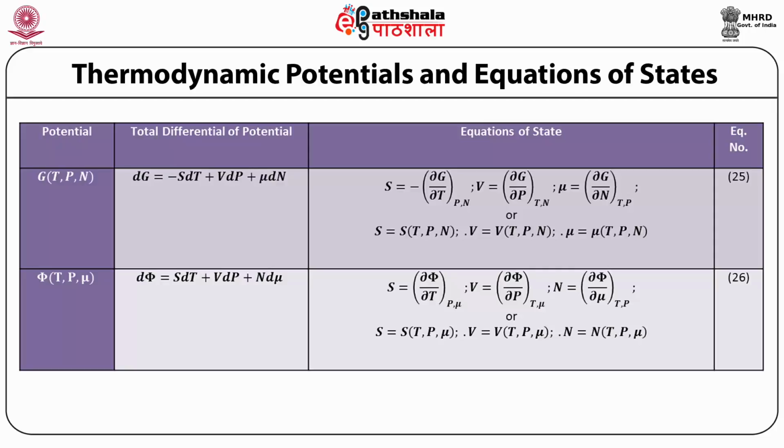Similarly, in the case of Grand thermodynamic potential, we get equations of state such that S is a function of T, P and mu, V is a function of T, P and mu, and N is a function of T, P and mu.